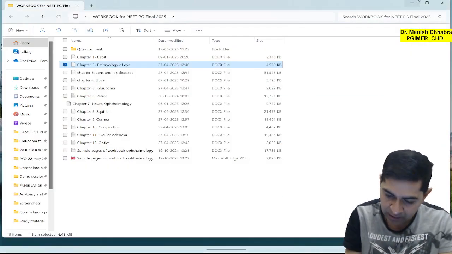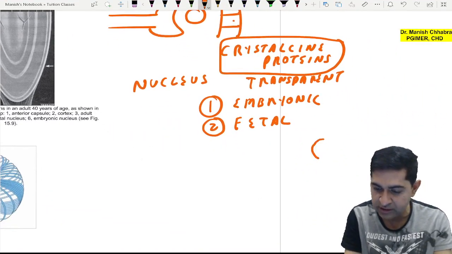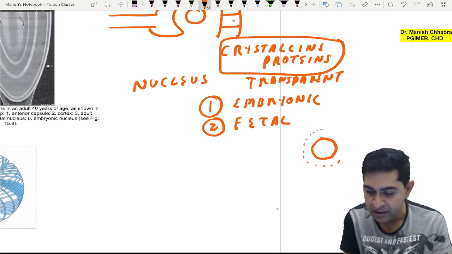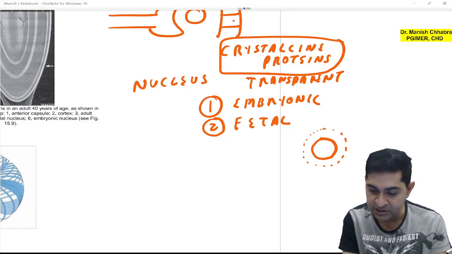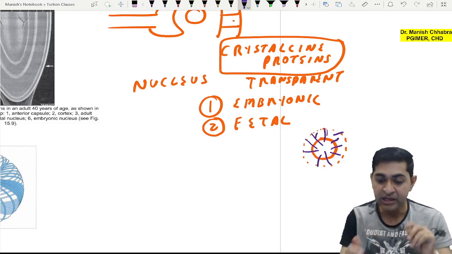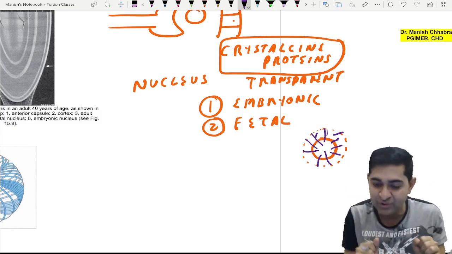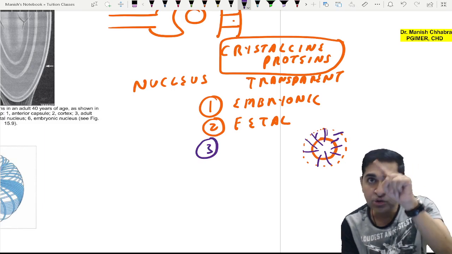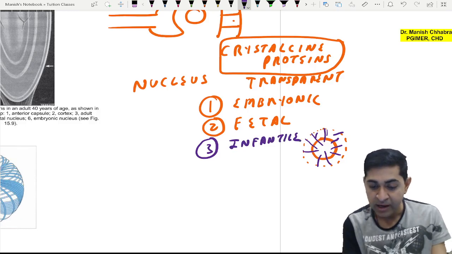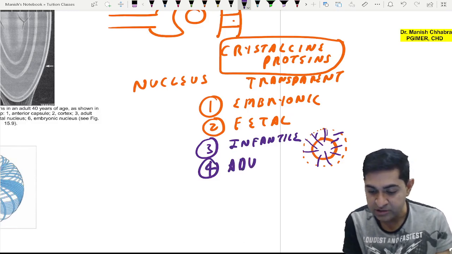If this is your embryonic nucleus, the peripheral equatorial cells start forming the fibers anteriorly as well as posteriorly. Then after the embryonic nucleus in the core, there is the fetal nucleus, outside the fetal nucleus there is the infantile nucleus, and outside the infantile nucleus there is the adult nucleus.